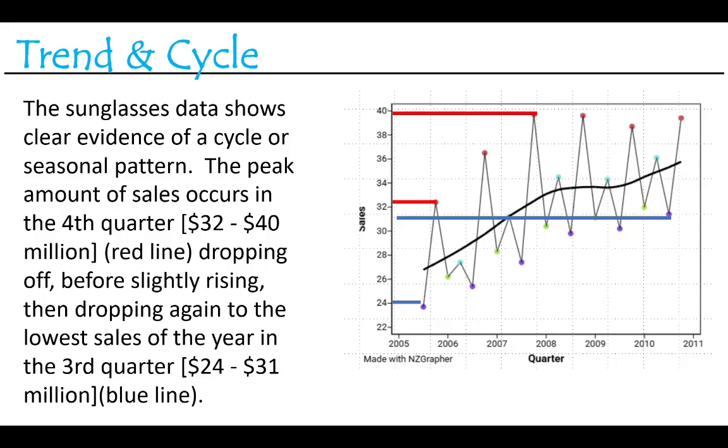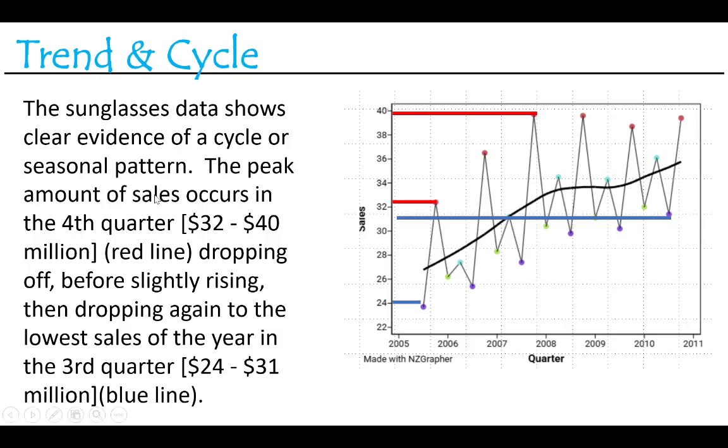We are now on the last two slides. They show what a full analysis write-up would look like. So let's read it. The sunglasses data shows clear evidence of a cycle or seasonal pattern. So you identify the cycle.